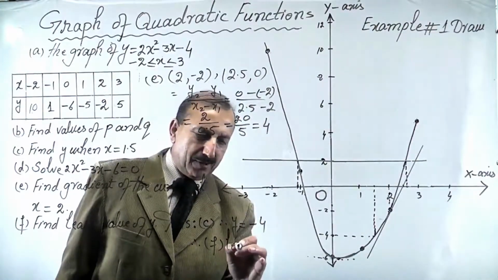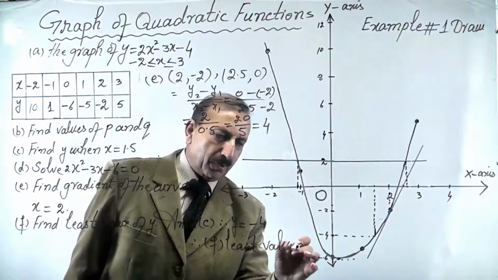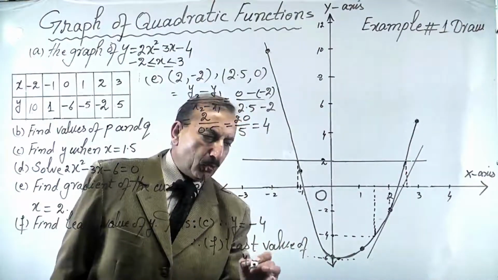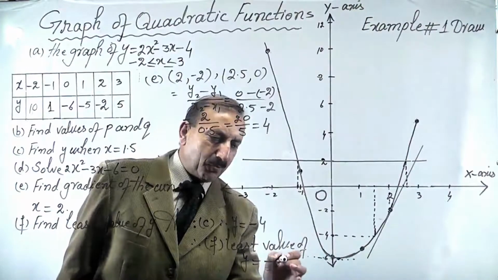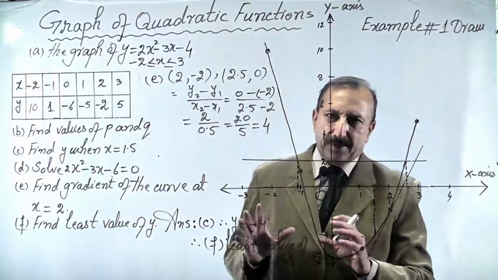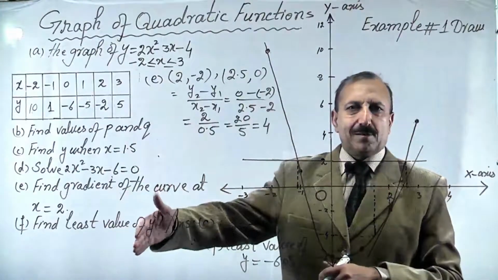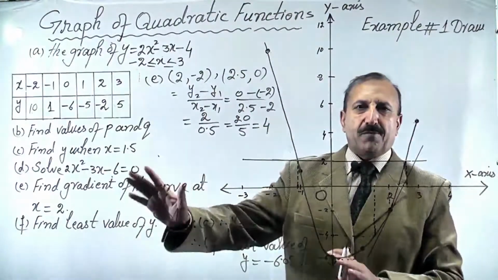Let's write it: least value of y could be -6.05.